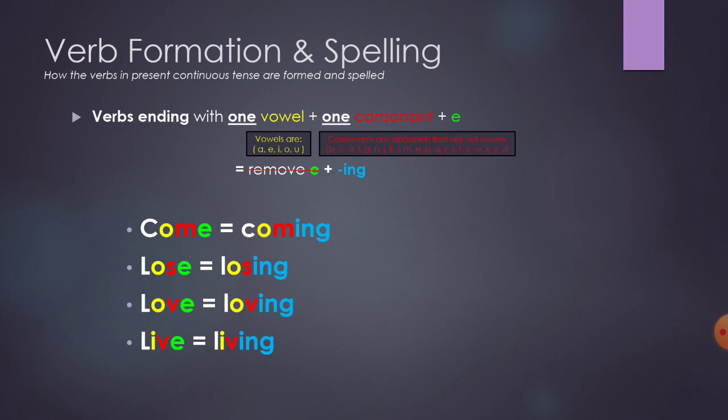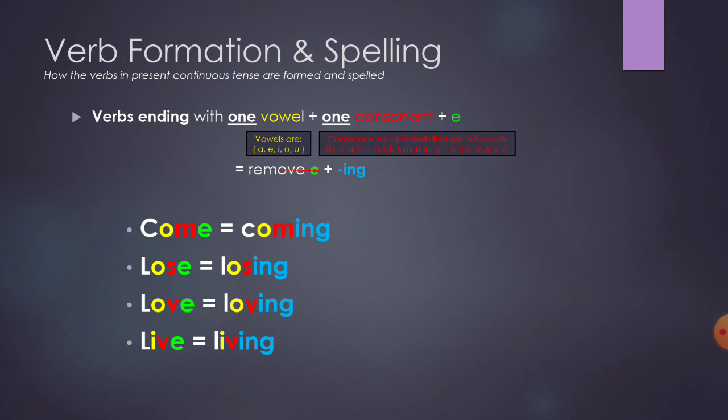Remember that second variation we only looked at the two last alphabets, and for this one we need to look at three of them, which is a vowel followed by a consonant and followed by the letter E.